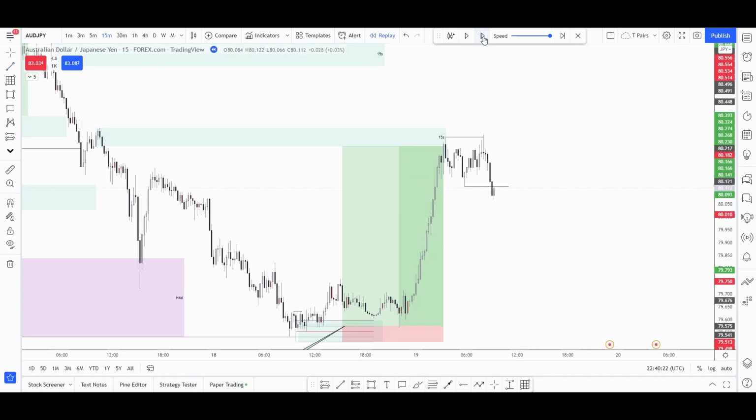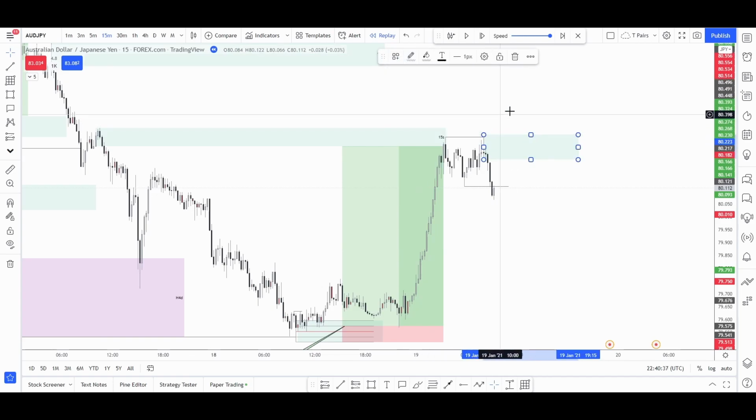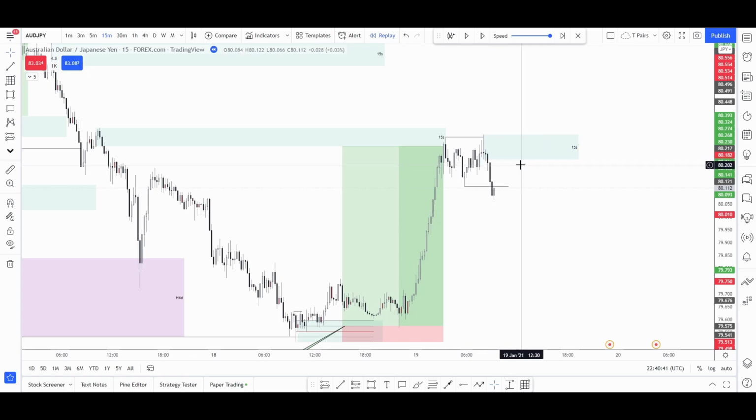That's what we're looking to break. Oh, we got it. So our next entry would be this push up, and that's a 15-minute supply. It's probably, to be fair, more so from the body. Oh well, I'm not going to get too pernickety with that.